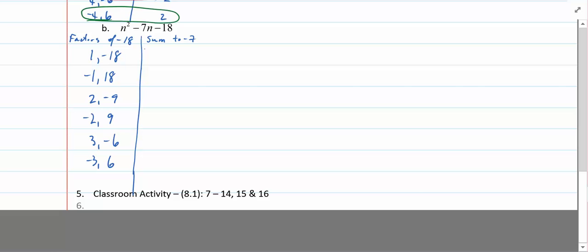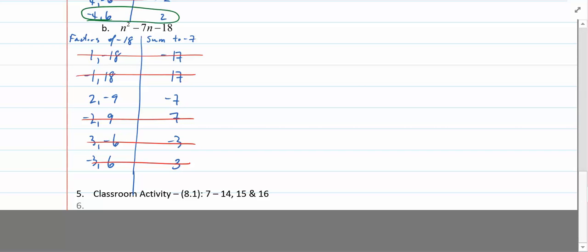When looking at the sum of each of these factors, 1 and negative 18 sum to make negative 17, negative 1 and positive 18 sum to make positive 17, negative 7, positive 7, negative 3, positive 3 are the last sums. We're looking for numbers that sum to make negative 7, and most of these do not work.